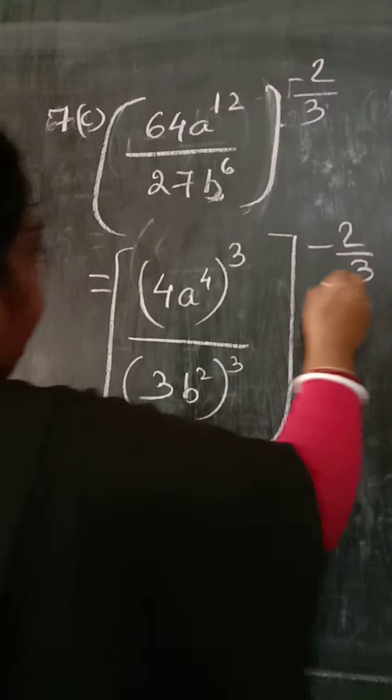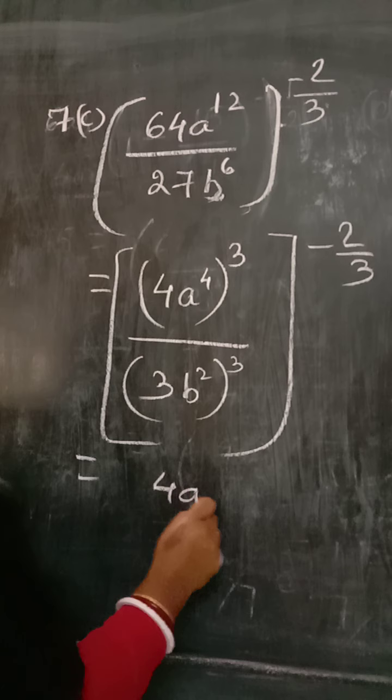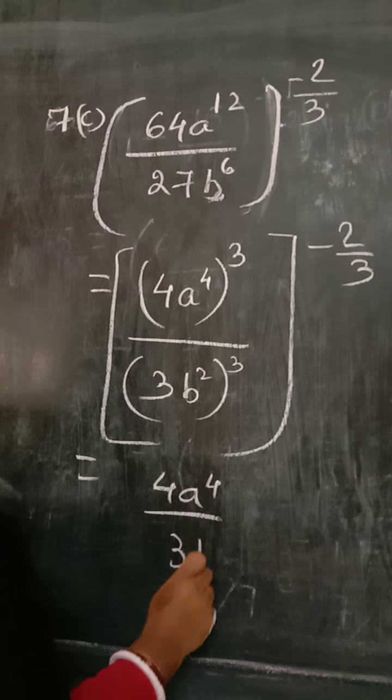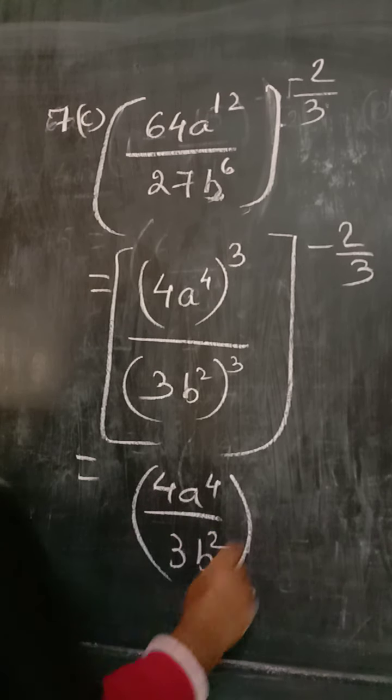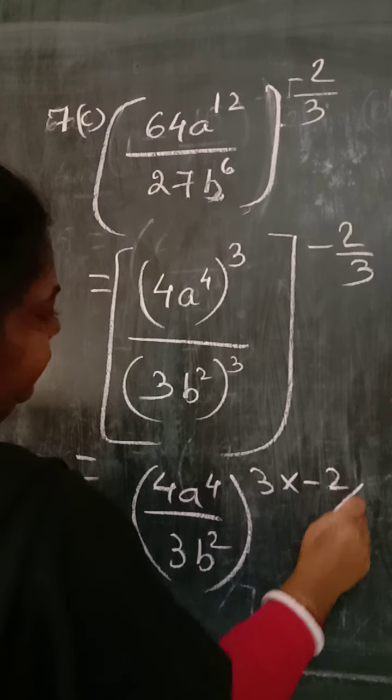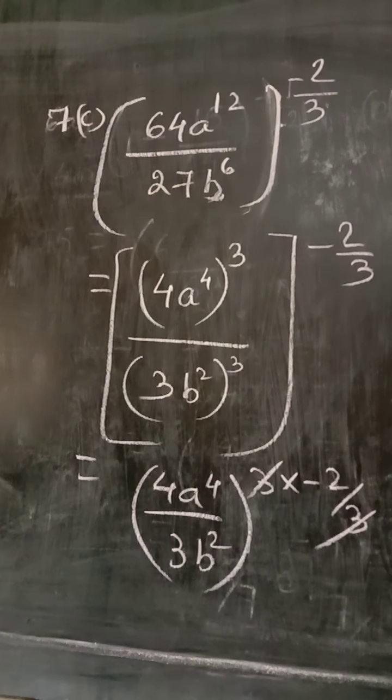Minus 2 by 3, or it is (4a to the power 4 by 3b squared) whole cubed into minus 2 by 3, so the 3 is cancelled.